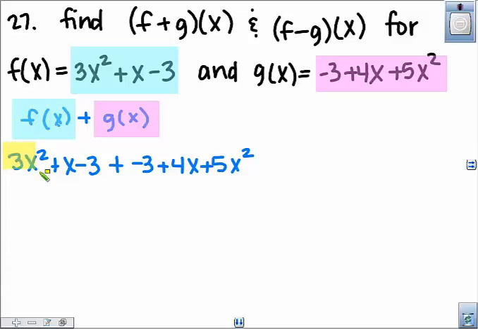Okay, I've got 3x squared, 5x squared, both positive. I have 8x squared. For x's, I have 1x and 4x, both positive, so that is 5x.